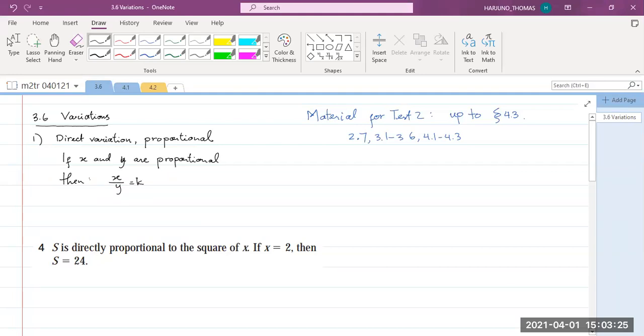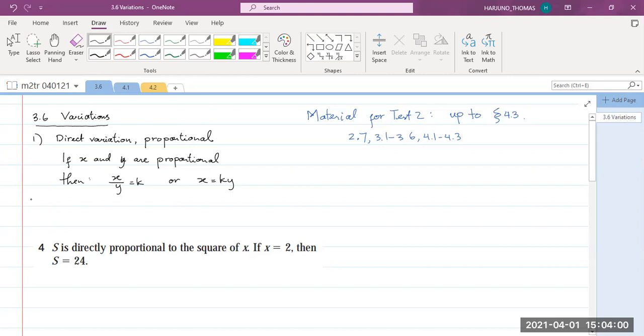That's actually what the word proportional means. The ratio is constant, okay? Or we can also say that x is a constant multiple of y. Okay. Proportional, or varies directly, means if one of them increases, then the other one increases. If you double one of them, then the other one also gets doubled.